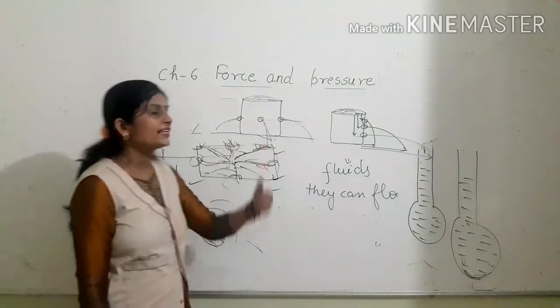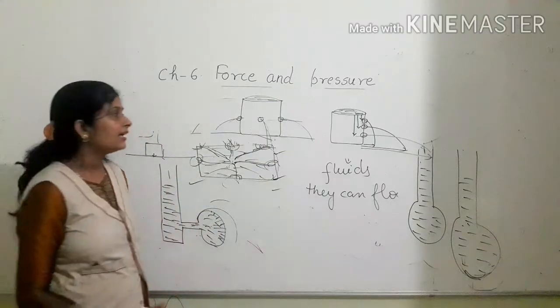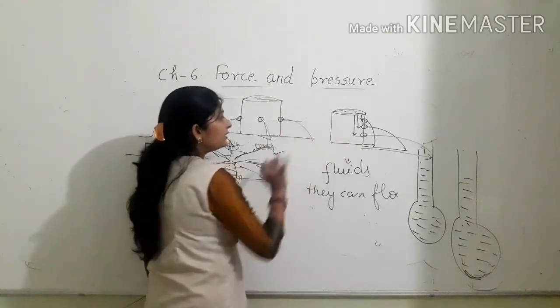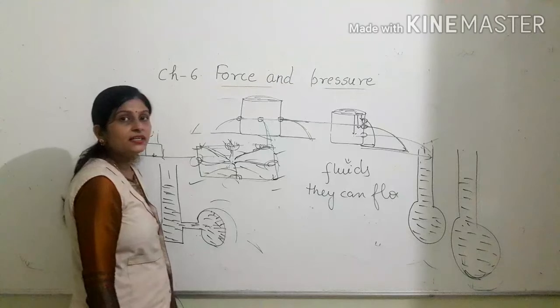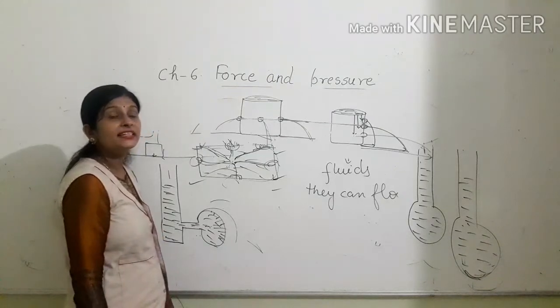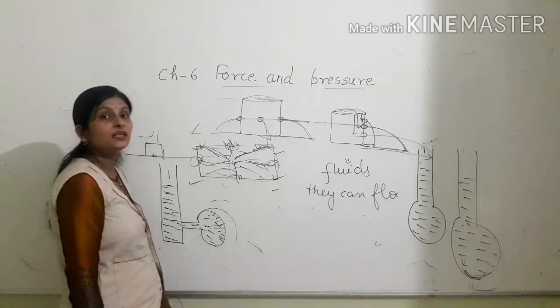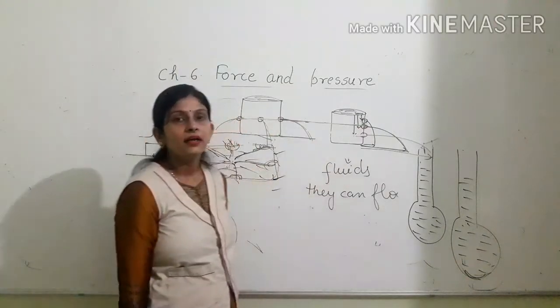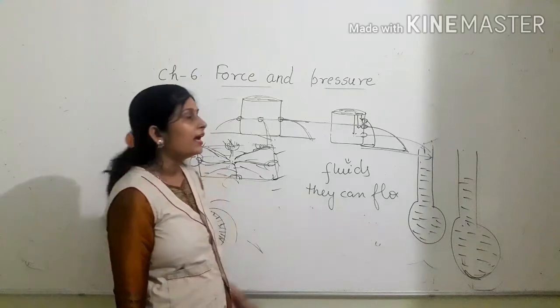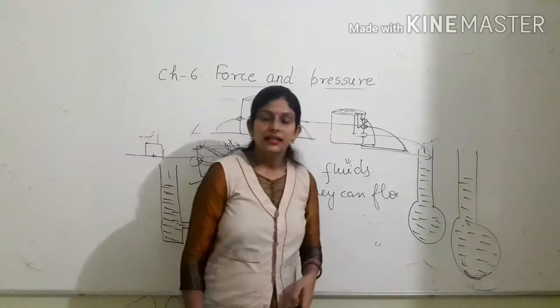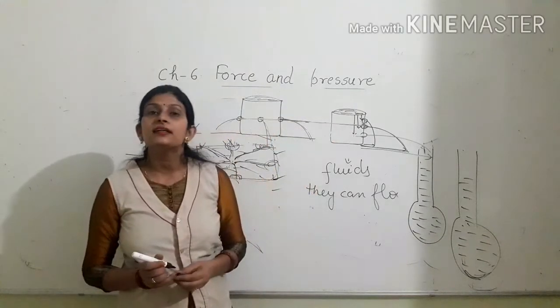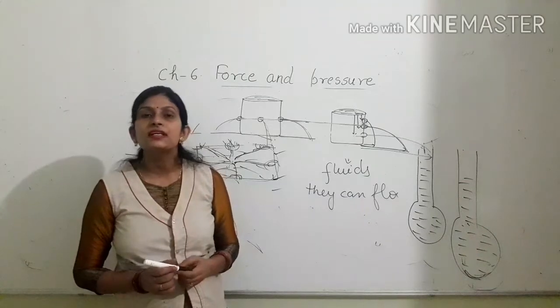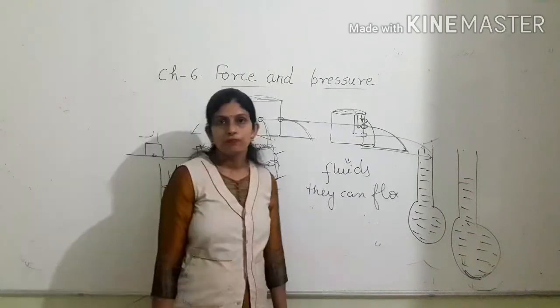Now, have you noticed one more thing, that in these two beakers, pressure exerted by liquid is independent, means it does not depend on the shape and size of the container. It is the same at a given height despite containers having different shapes and sizes.